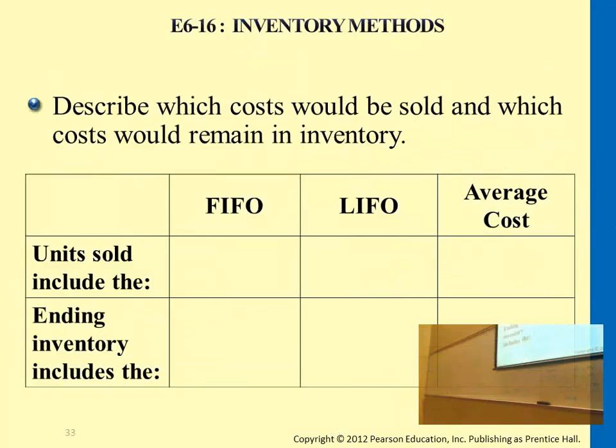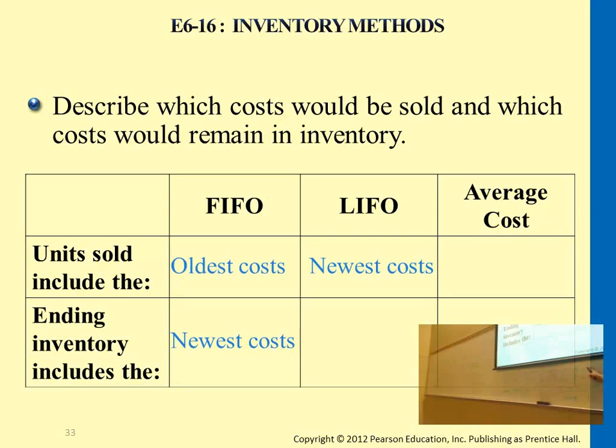Okay, here's a table that just compares all three methods. So under FIFO, units sold includes the oldest costs. We always start from earlier transactions, then to later ones. And therefore, if the unit sold is oldest, what's left will be the newest cost. Okay, LIFO will be exactly the opposite. Units sold, we start from recent cost.